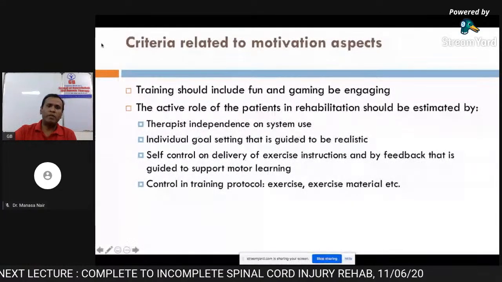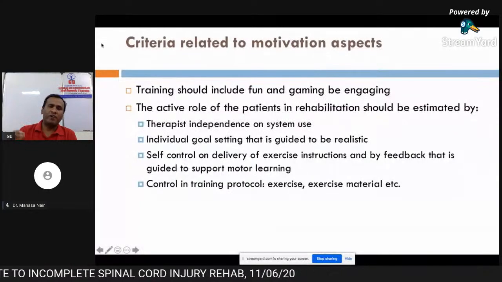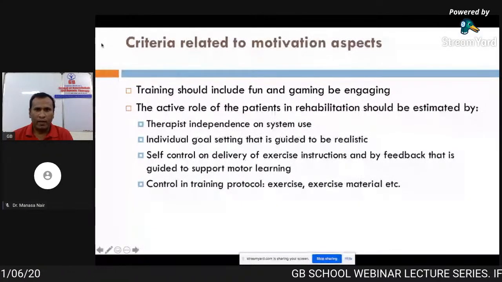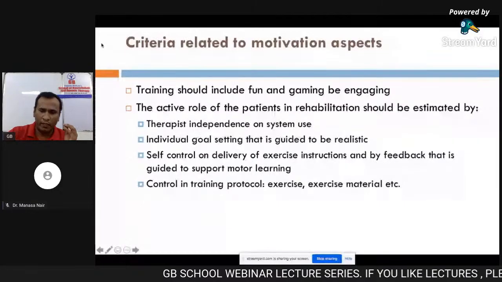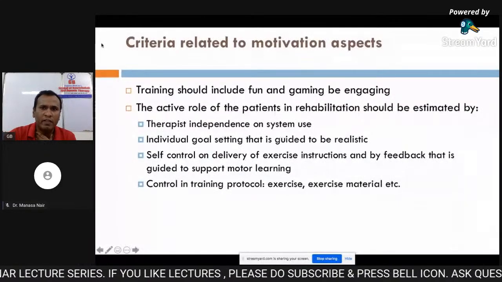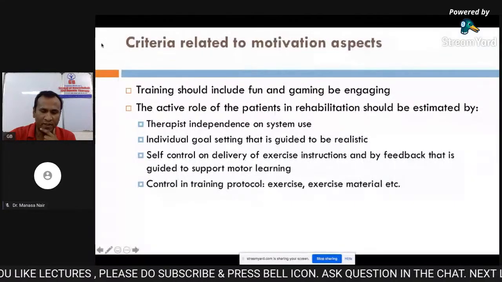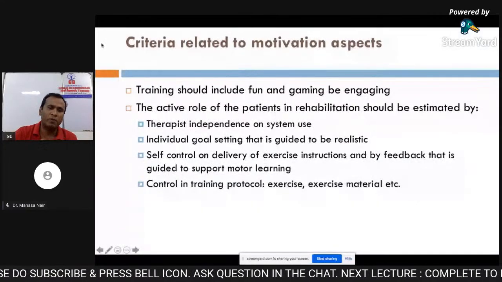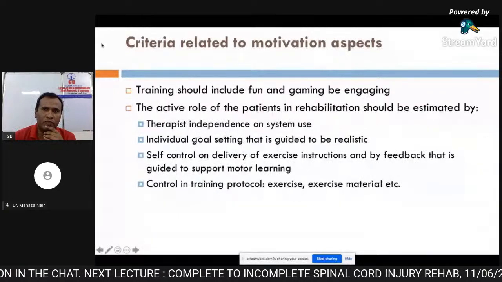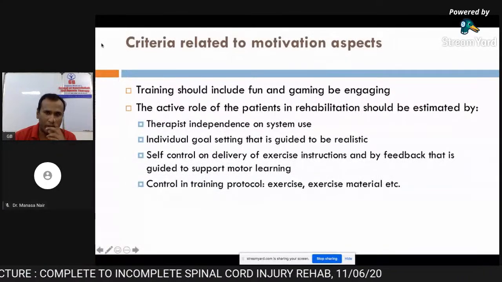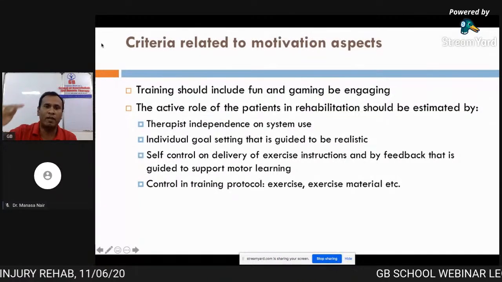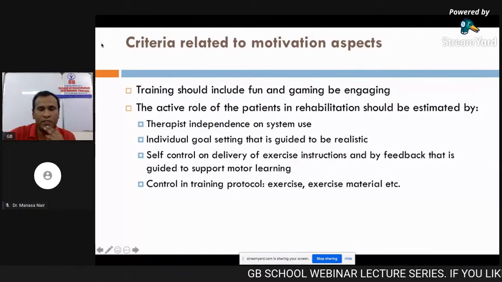The training should include some fun and gaming, and it has to be engaging for the patient. Sometimes we design exercises which are fun and gaming, but if it is not engaging, then also the patient gives up very fast. When I say engaging, as in the previous slide we discussed, if there are different levels of variability, and the person is more engaged in winning the next level, it is more effective.